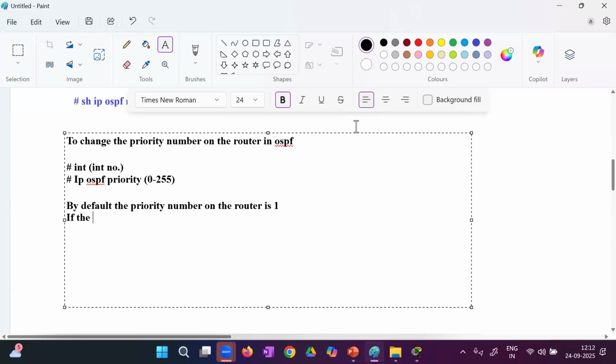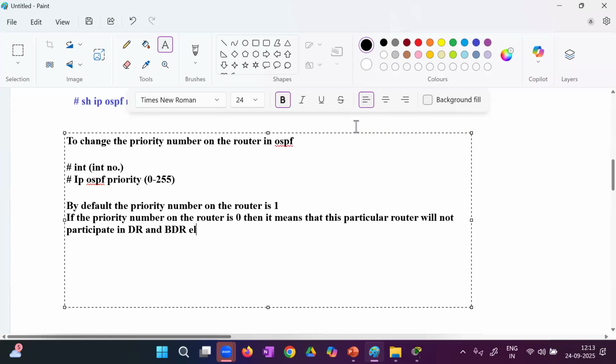If the priority number on the router is 0, then it means that this particular router will not participate in DR and BDR election.